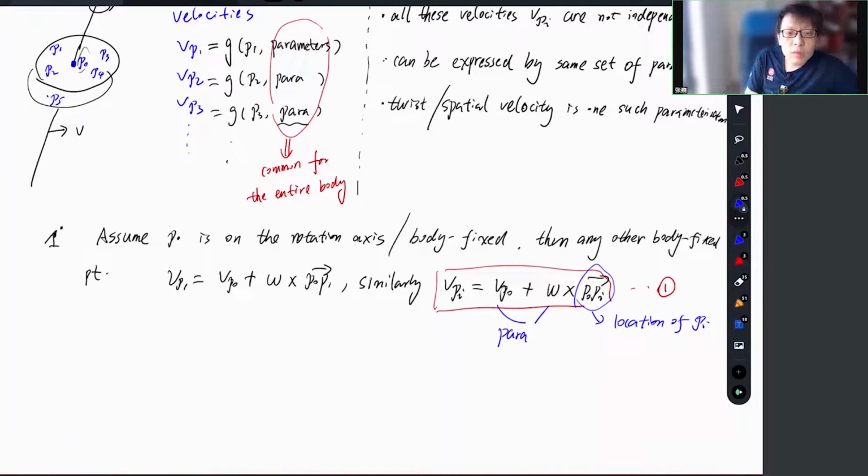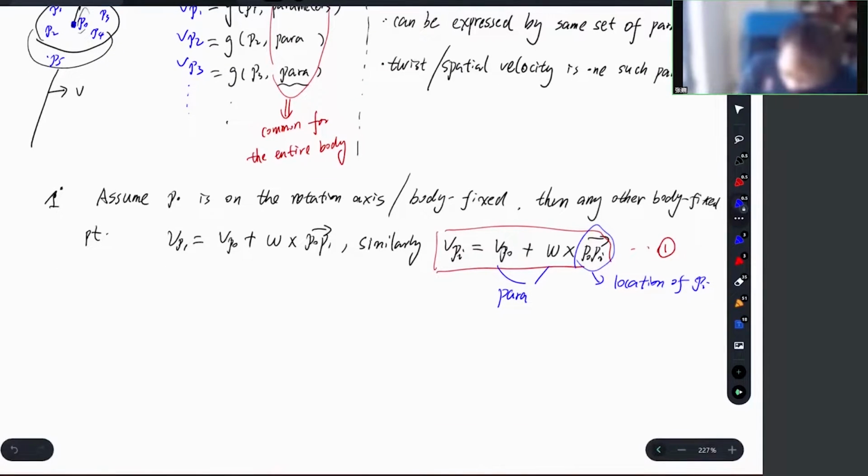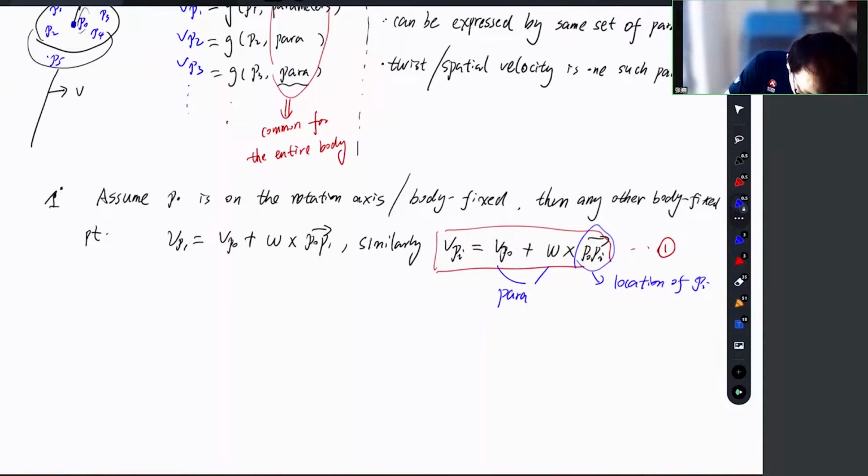If we know VP0, the velocity of what I called before a reference point, and the angular velocity, if we know these two parameters, then we can express every point's velocity using the same formula, this equation 1.